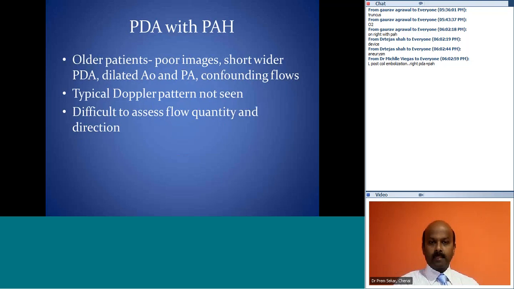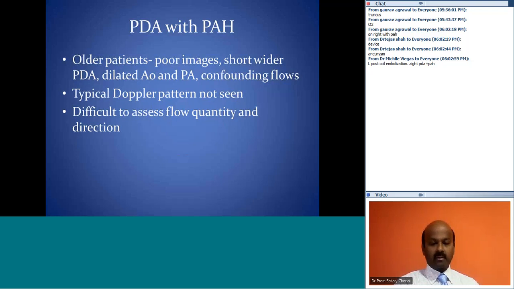Indirect pointers to this are flattening of the ventricular septum, a hypertrophied right ventricle, or the presence of a high velocity pulmonary regurgitation jet. In such cases, you should look very carefully for the presence of a patent ductus arteriosus.